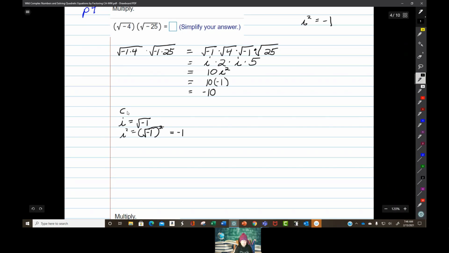Now this is in the complex number system. In the real number system, admittedly, this would work a different way. i squared would equal, or let's change the letter. Suppose, let's call it z squared.